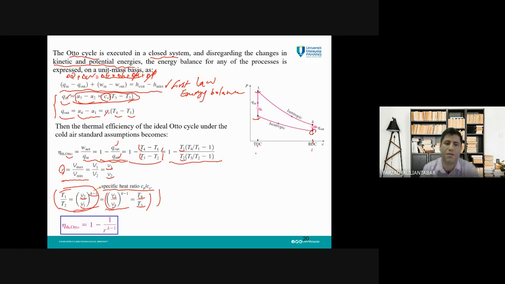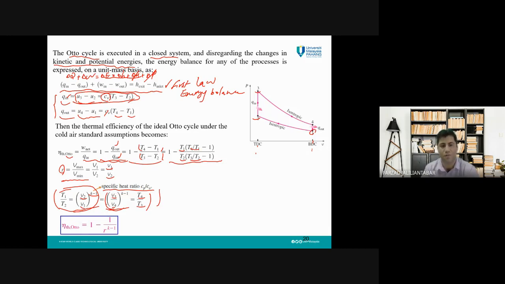If we substitute this v3 divided by v4 to the power k minus 1 instead of this ratio, instead of T1 divided by T2, and write T4 divided by T1 and T3 divided by T2, then by some manipulation we arrive at this equation.